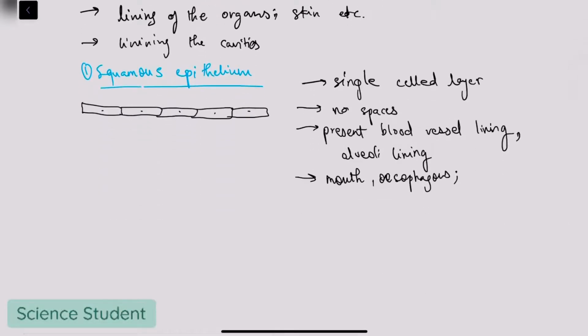Now, when various squamous epitheliums are joined together, that tissue is called stratified squamous epithelium.